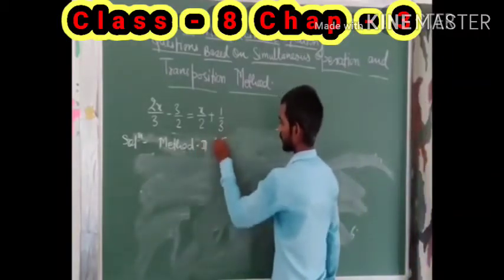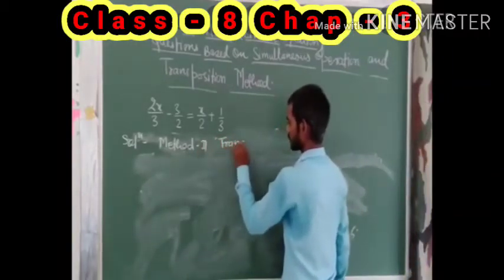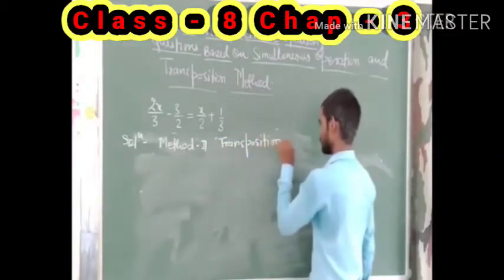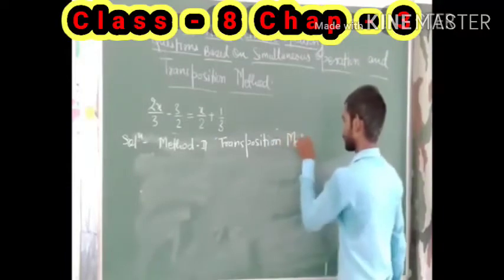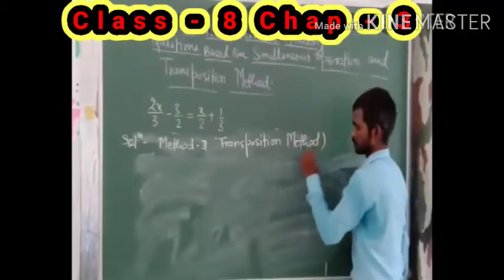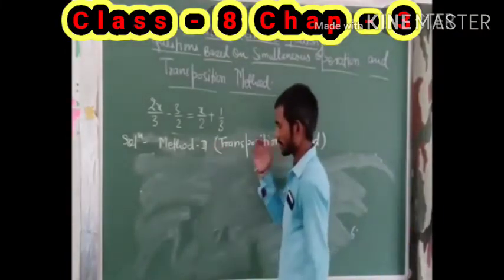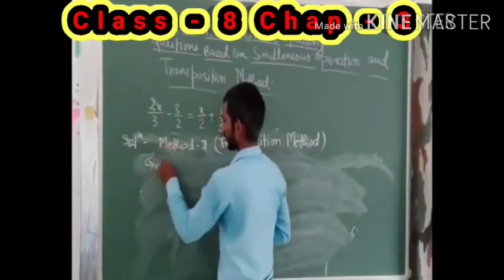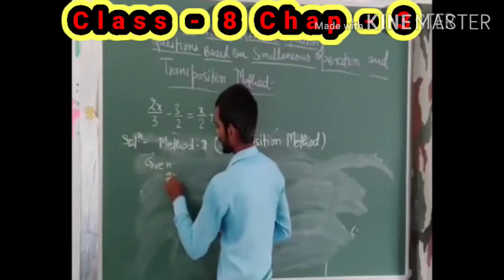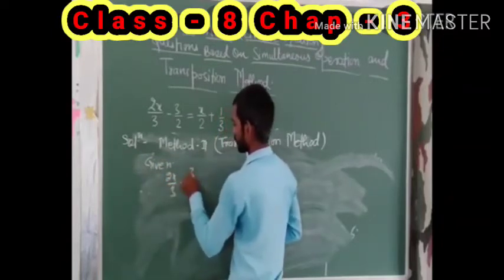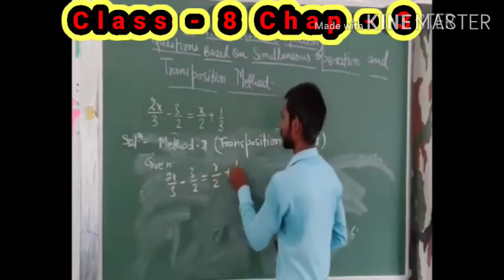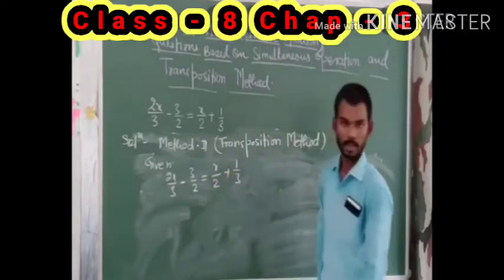Method second, transposition method. The given question is, write down here, 2x upon 3 minus 3 upon 2 is equal to x upon 2 plus 1 upon 3.